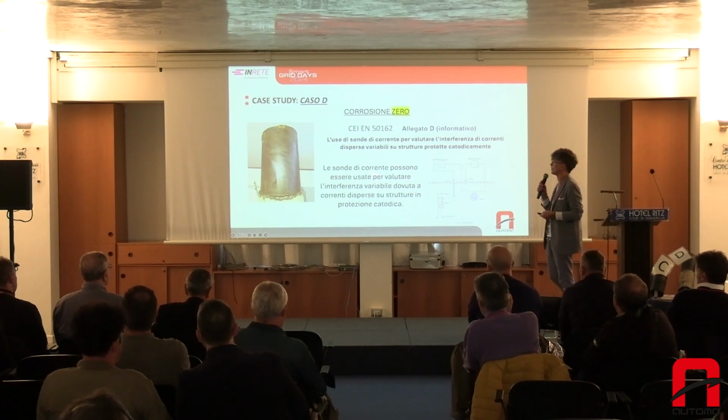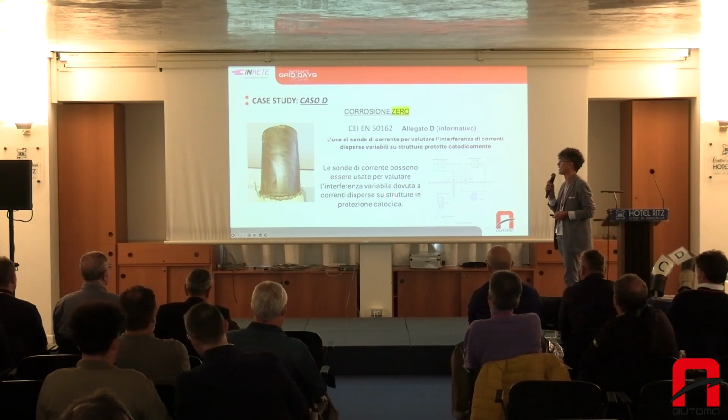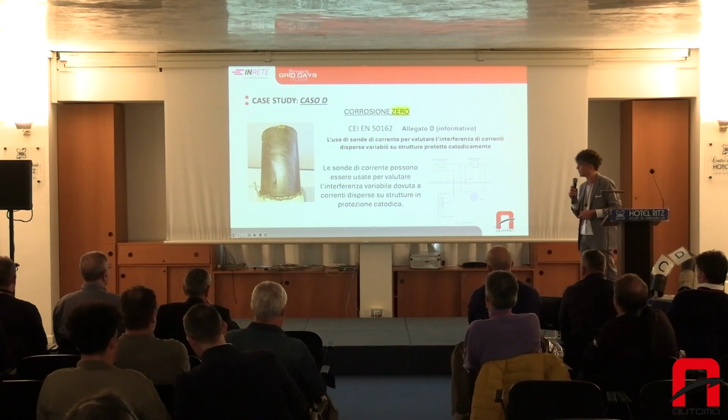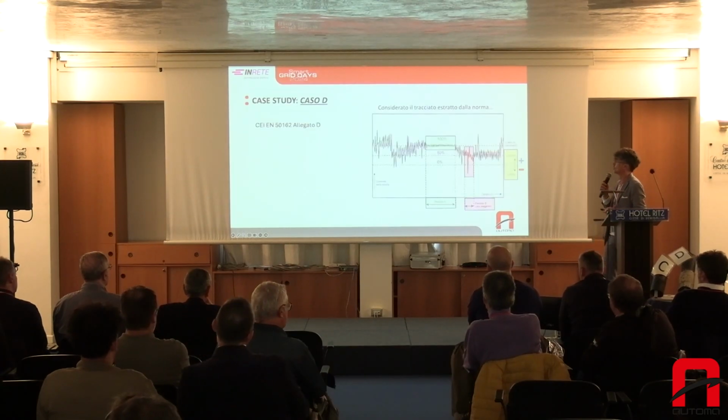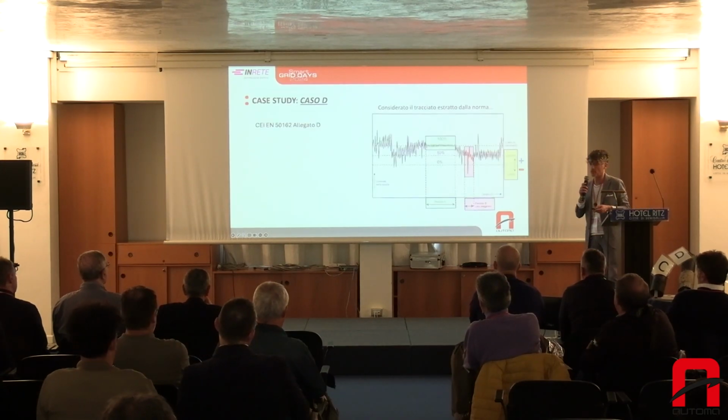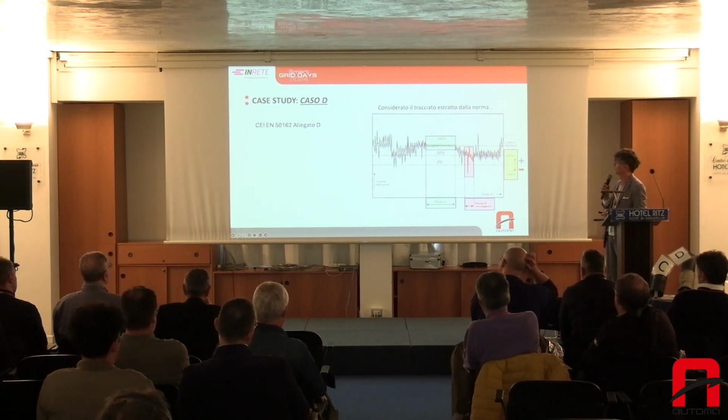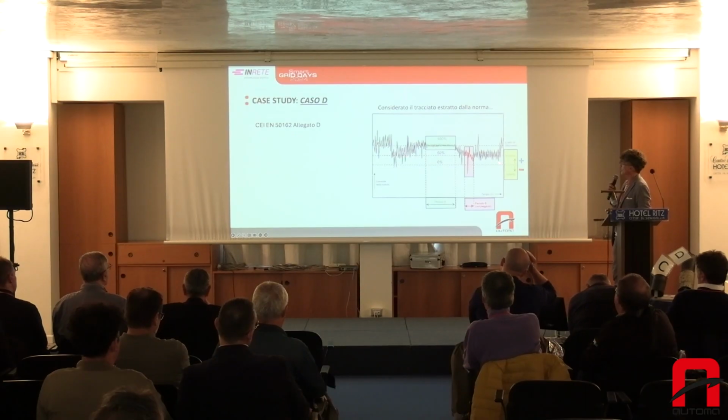So current probes can be used to assess the variable interference due to stray currents. And attachment D also says, through this graph, that the trend of a current in the probe is like this.